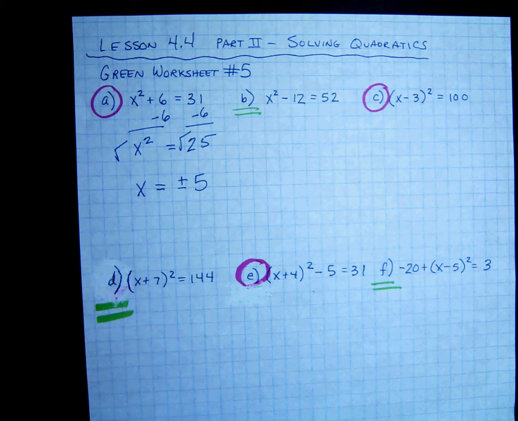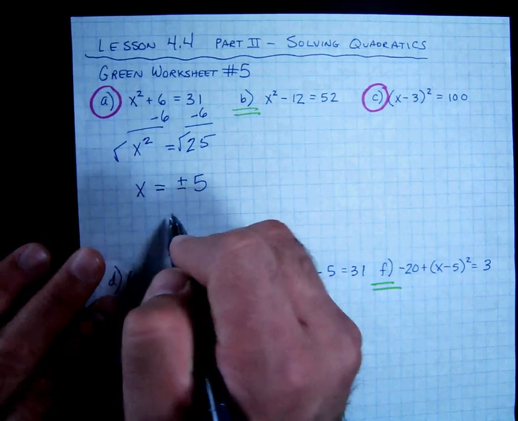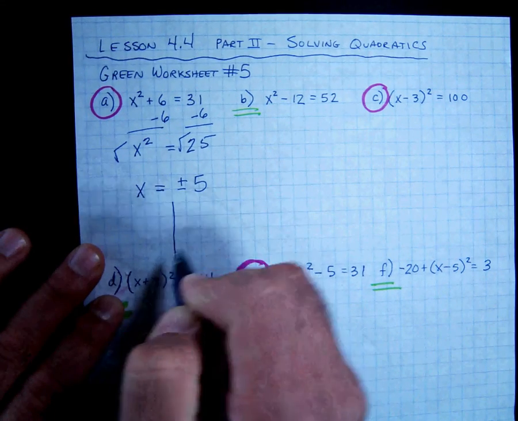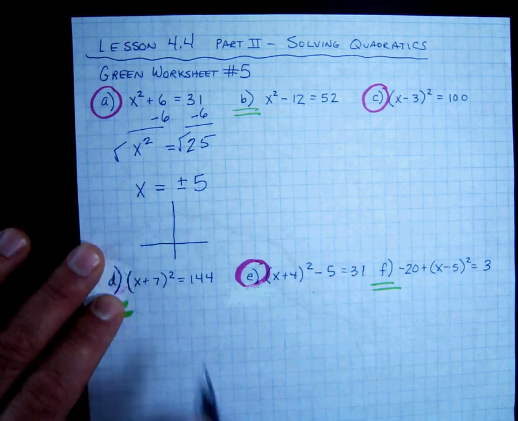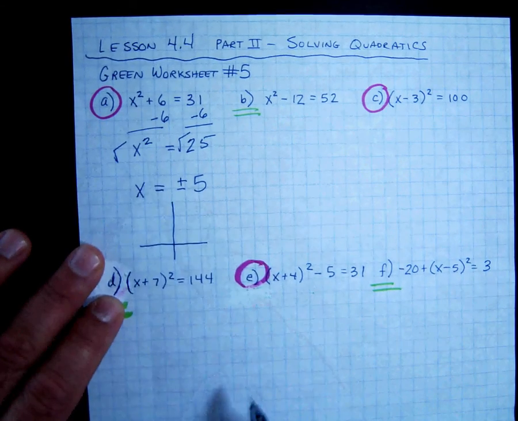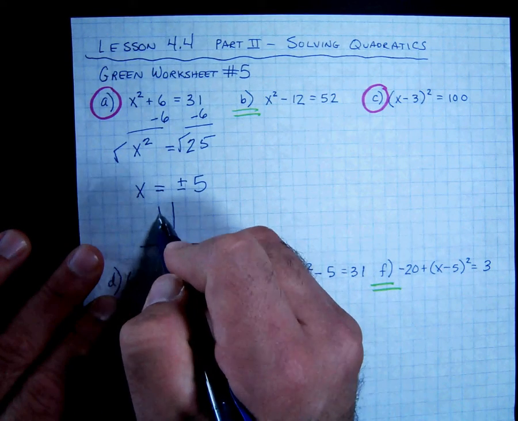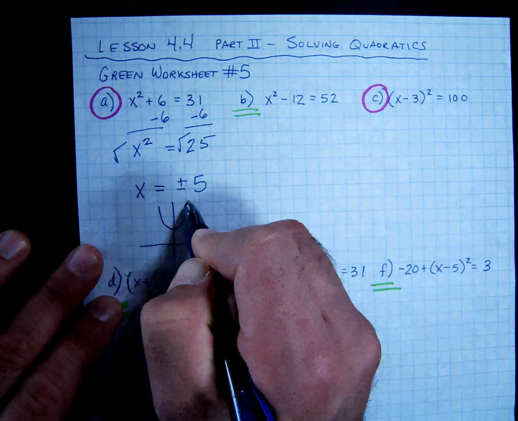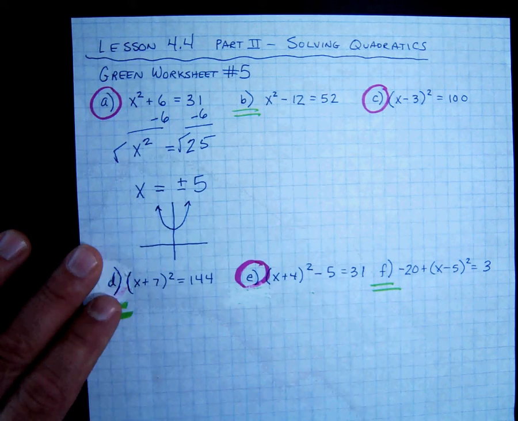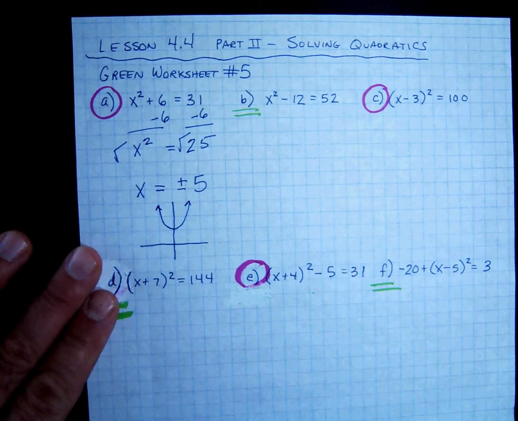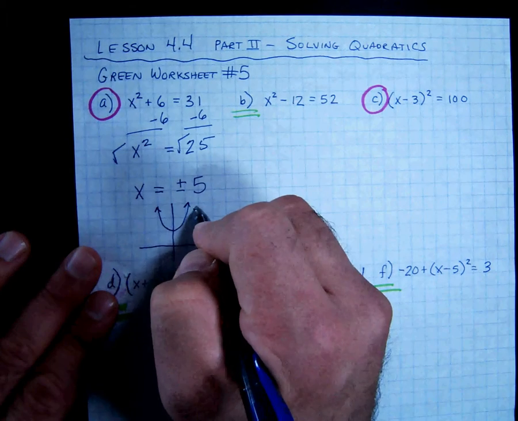If we think of it as a graph, you could go ahead and on your graphing calculator, graph the parabola x squared plus 6. This is going to be a basic sketch here. It's going to be an open up parabola that is shifted up 6. You could put that equation into y1.